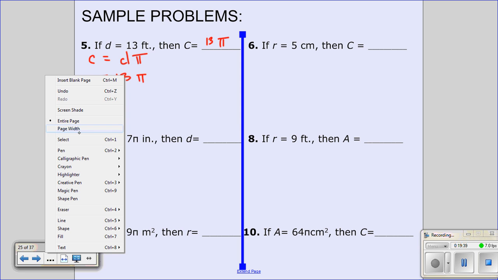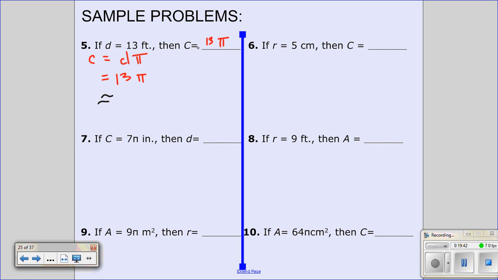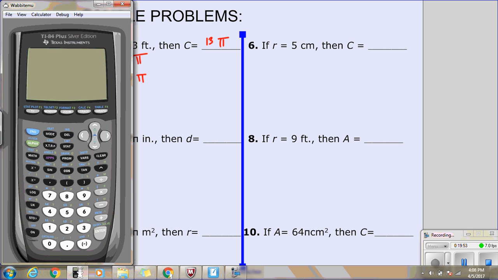So if the question says leave your answer in terms of pi, 13 pi is the type of answer they're looking for. But if they want you to approximate, that's when you go ahead and grab the calculator. And use the pi symbol. Don't use 3.14.